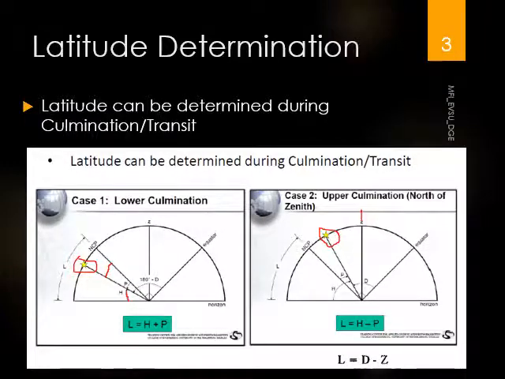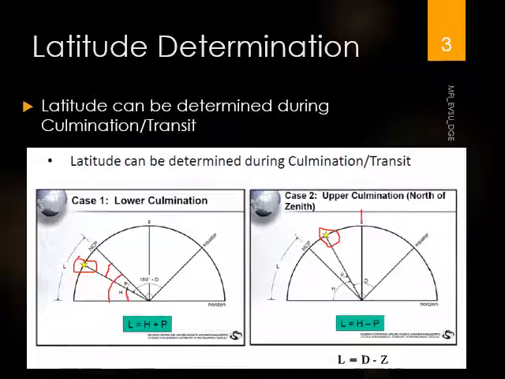Our latitude is from the horizon to our North Celestial Pole. So taking the sum of H and P, we can now determine the value of L. In case 2, upper culmination north of zenith, there is no need to memorize the formula. You just need to illustrate and you can determine the latitude of the place.